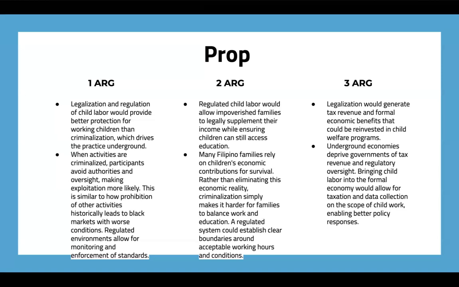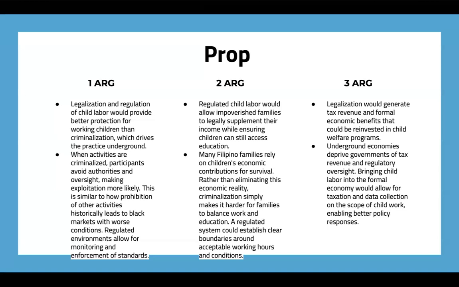Because otherwise, they are stuck in the cycle of poverty: their parents work a low-paying job, therefore they have to help them, they don't get the education, and they themselves go off to a low-paying job.